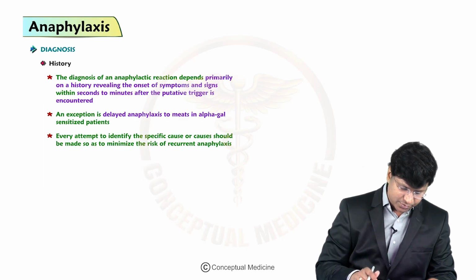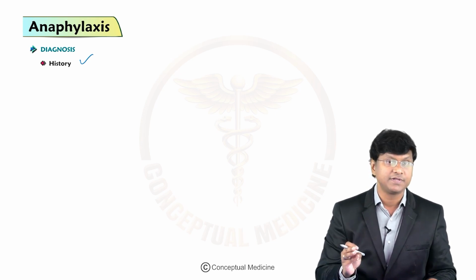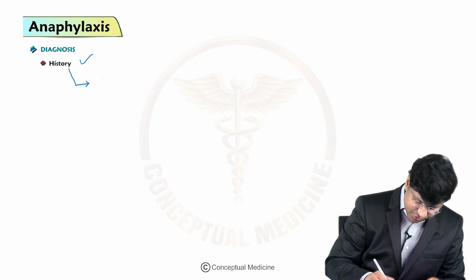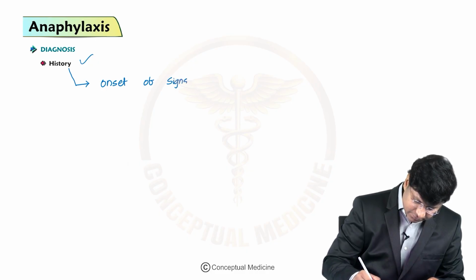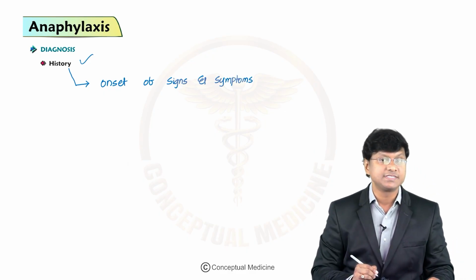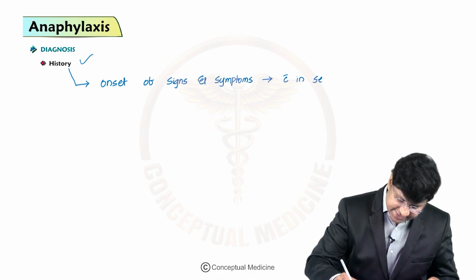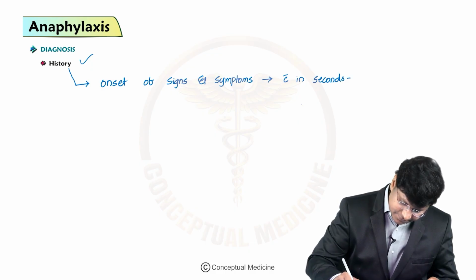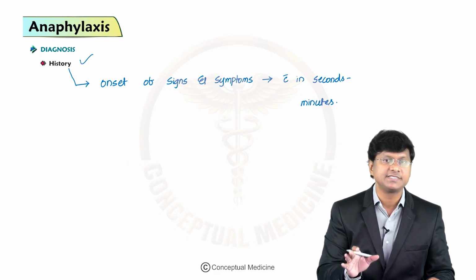Now, coming to the diagnosis. In the diagnosis, history is very important. The diagnosis of an anaphylactic reaction depends primarily on a history revealing the onset of the signs and symptoms within seconds to minutes after a putative trigger is encountered.